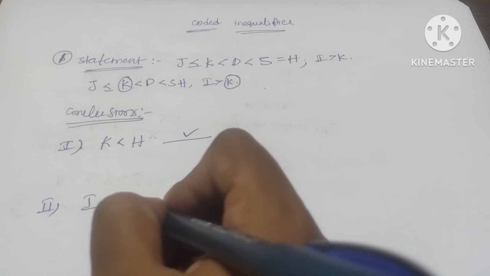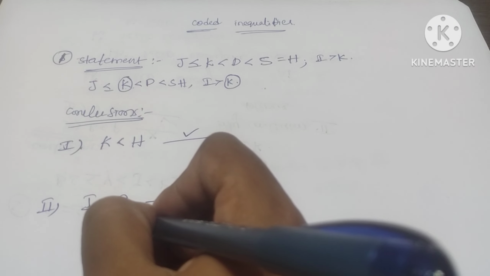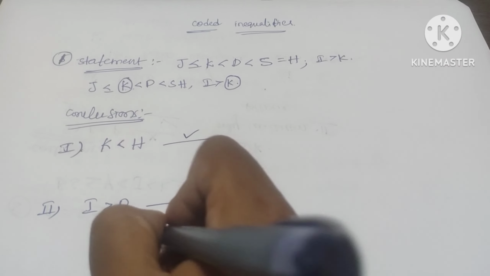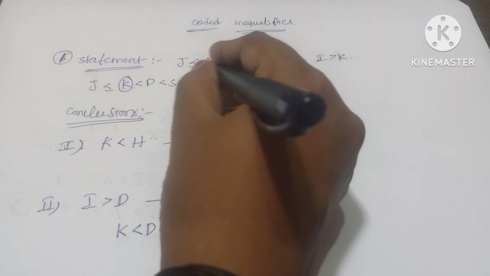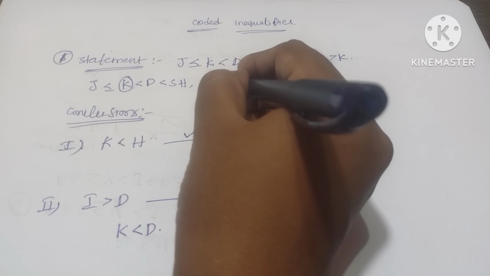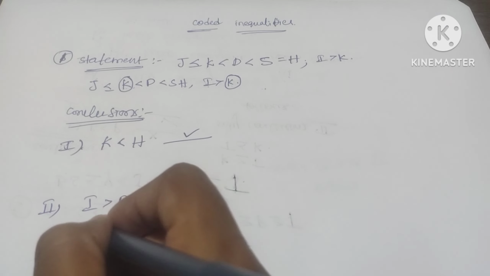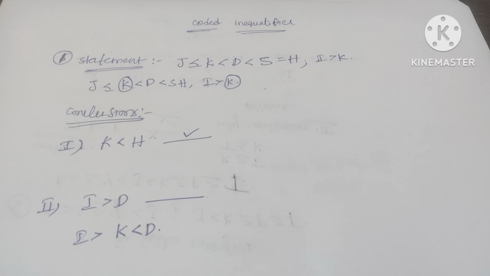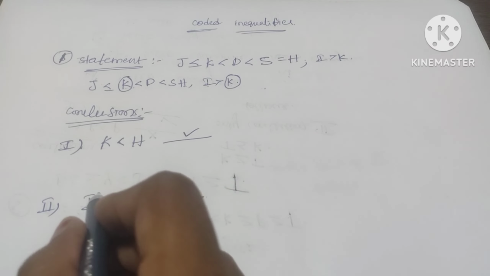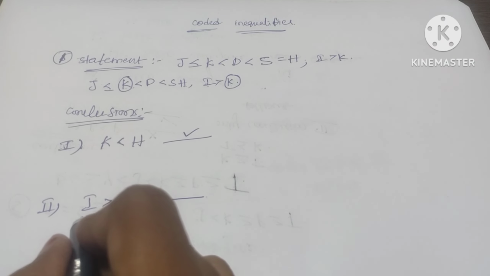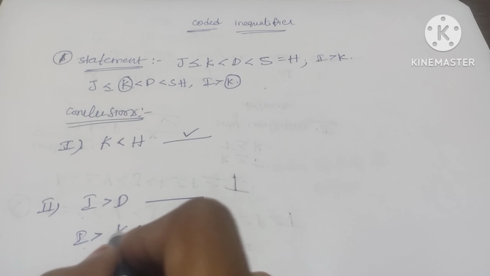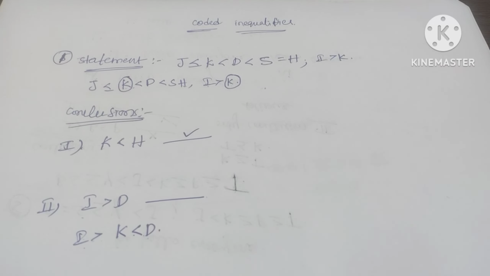K is less than D, and I is greater than K. How can that be possible? In the conclusion, I is greater than D, so I is here, D is here. Between I and D the symbols are dissimilar, so this conclusion does not follow.